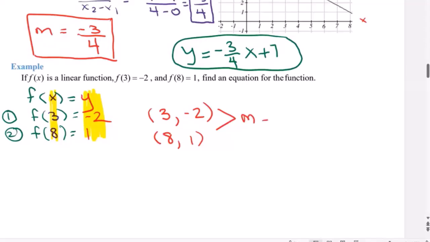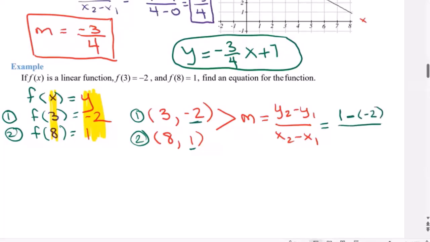My slope is equal to y2 minus y1 over x2 minus x1. And it doesn't matter, again, which one you pick. I'm just going to say the first one is 1 and the second one is 2. Now, that means that y2 is right here, 1 minus y1, minus 2, divided by x2, which is 8, minus x1, which is 3.